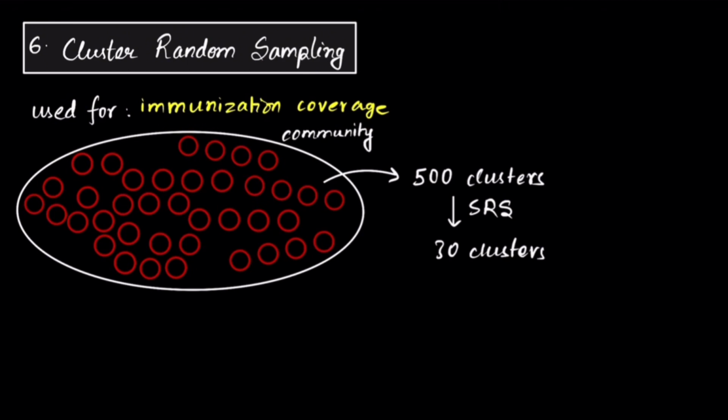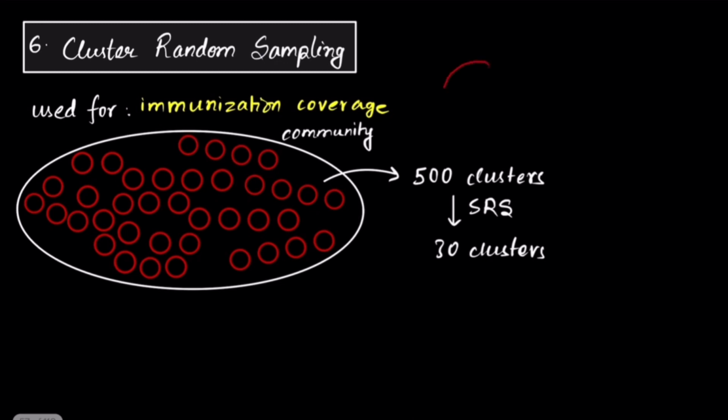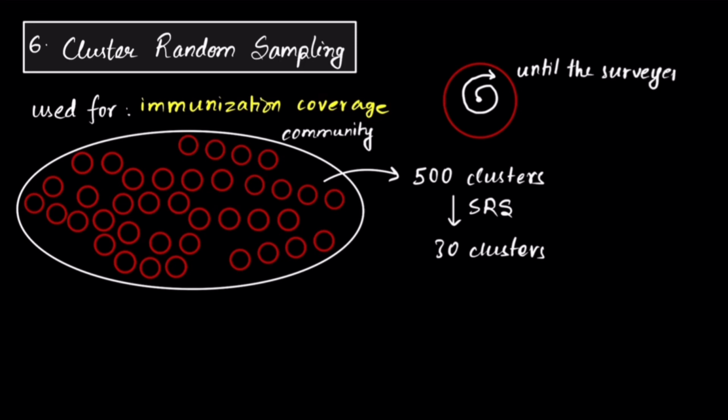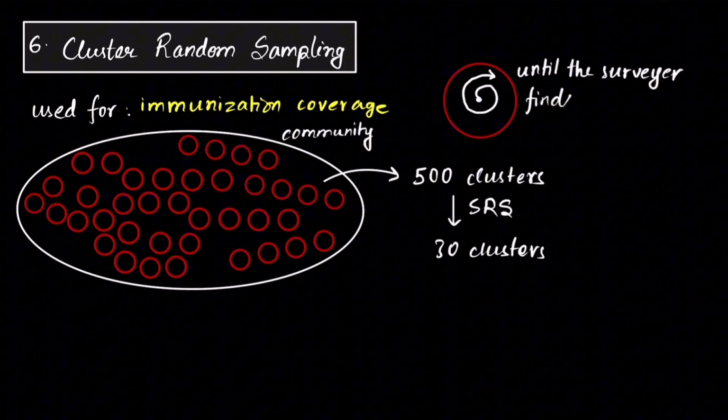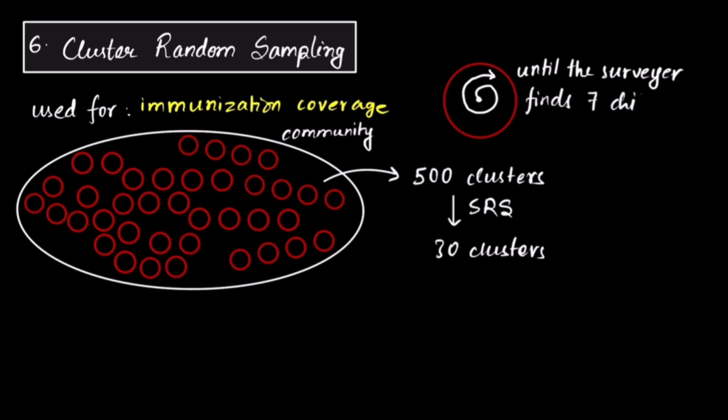Then the surveyor goes to each of these 30 clusters. So let's say this is one of the 30 clusters that has been chosen. The surveyor goes to the middle of the cluster and starts moving away from the middle. Until when? Until the surveyor finds 7 children.